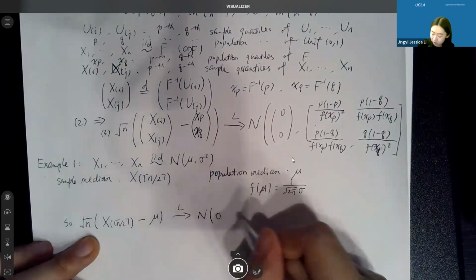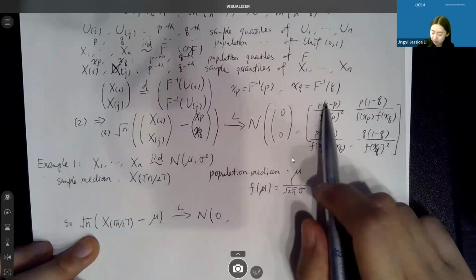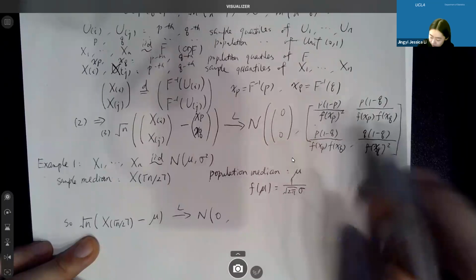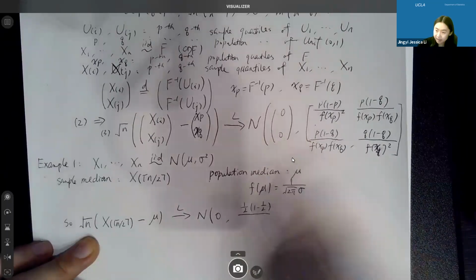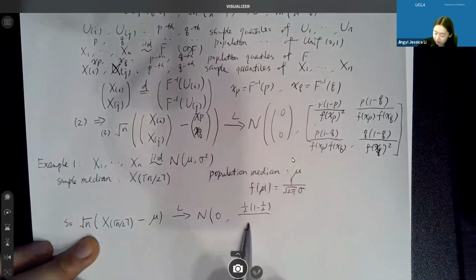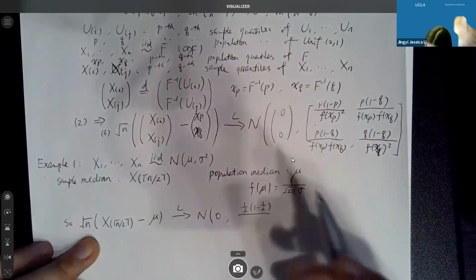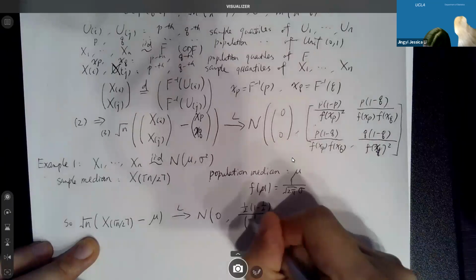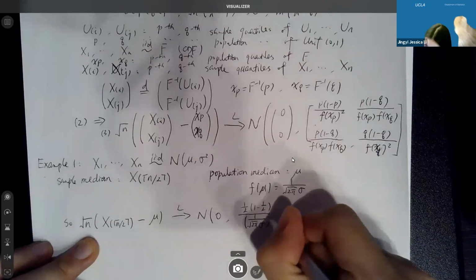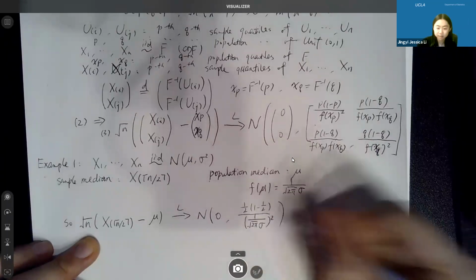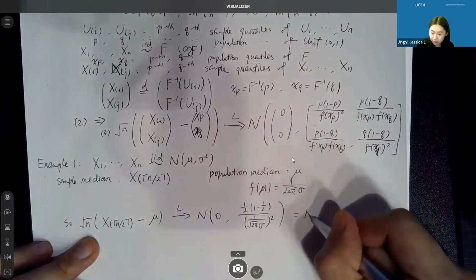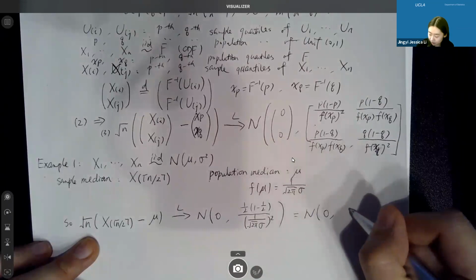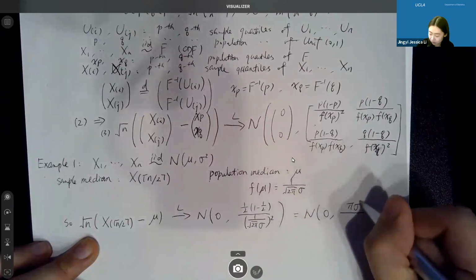And we're going to need just this one diagonal term here, and that's 1/2 times (1 minus 1/2), right? And in the denominator, it's the square root of the density. So it's 1/(√(2π) sigma) squared. Okay, so simplifying it, we can get the variance as just pi sigma squared divided by 2.